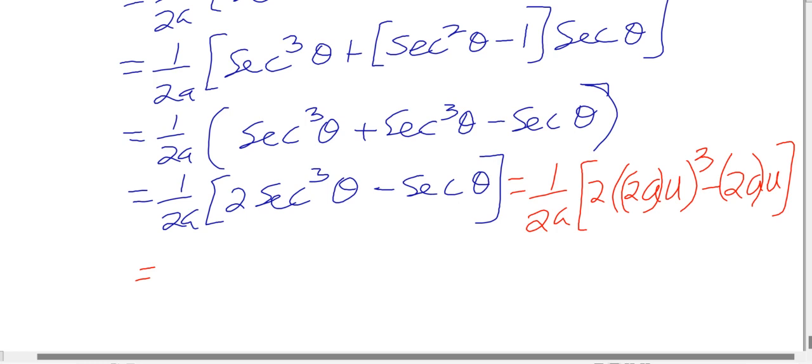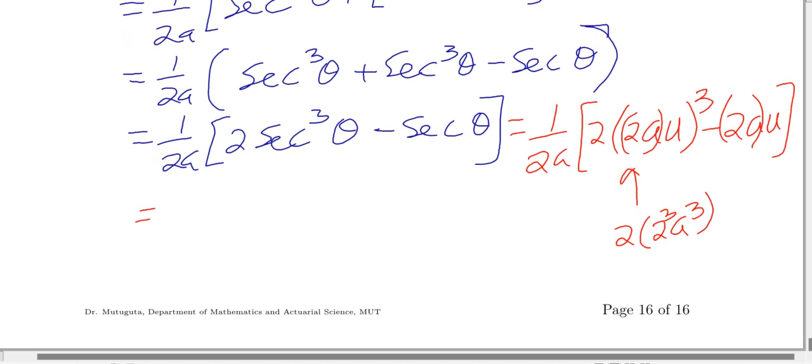And then, because this is (2a) cubed, we will leave 2a squared times 2. Because this is 2 times 2. See that this quantity here is 2 times (2au) cubed. If we remove 2a from there, we would leave 2.